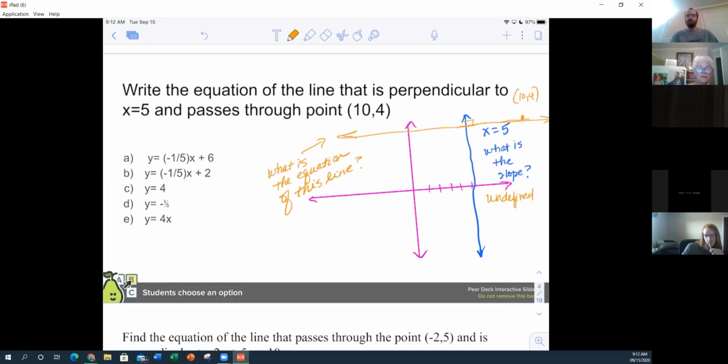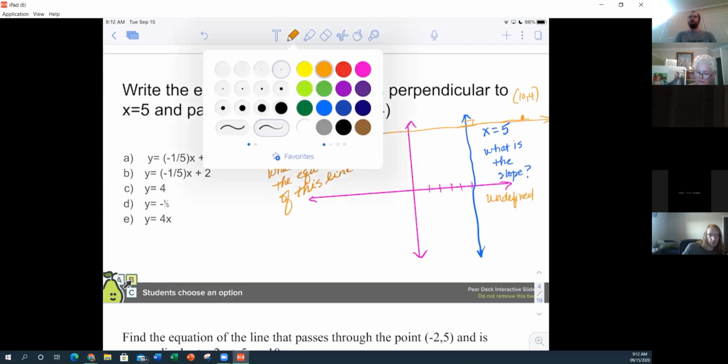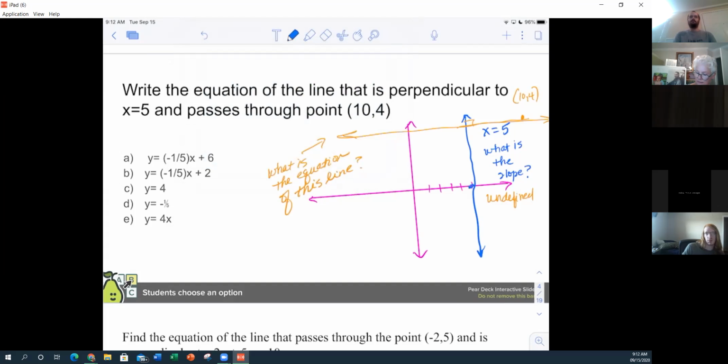Okay, so most of y'all are getting this right, and some of you are picking the distractors that I purposely picked because I knew that they would be good distractors. So if you think about what the line x equals 5 looks like, it is a vertical line that passes through 5. And so the perpendicular to that would need to be a horizontal line that would pass through the point (10, 4).